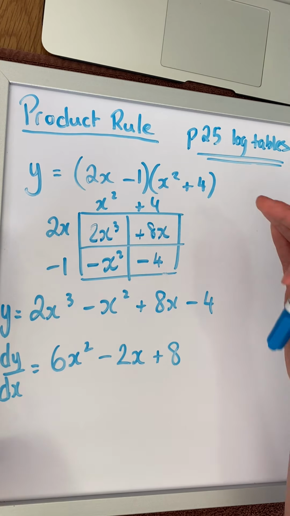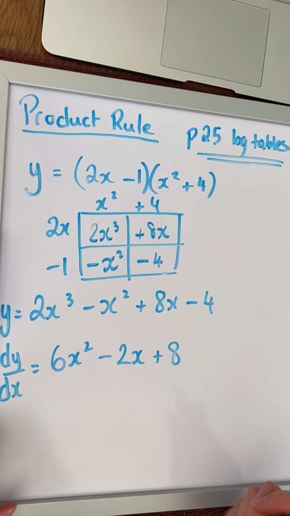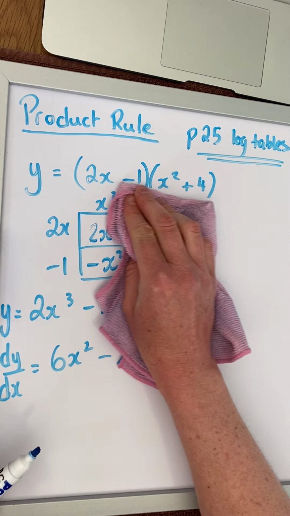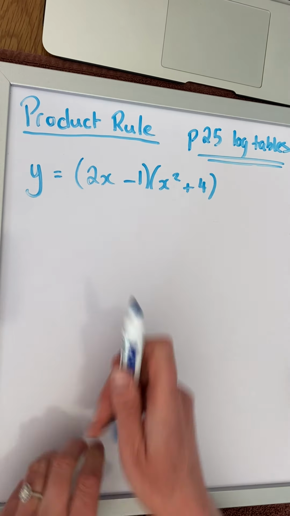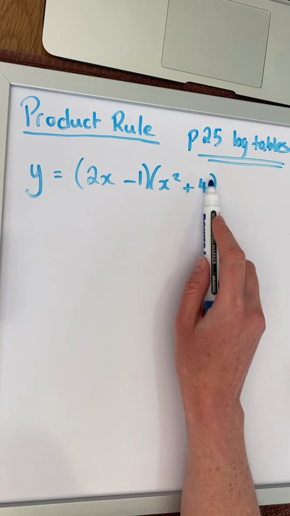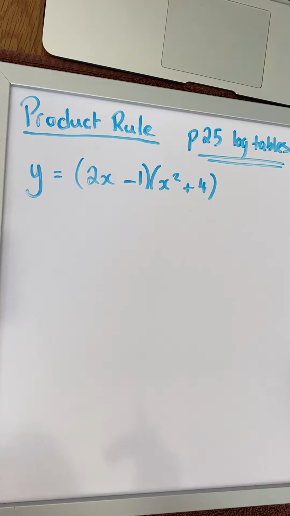But for now, that is how we look at using the product rule. You take each part separately. So we split the product down into u, the first function, and v, the second function, differentiate them separately, and then apply them to the rule, which is found on page 25 of our log tables.